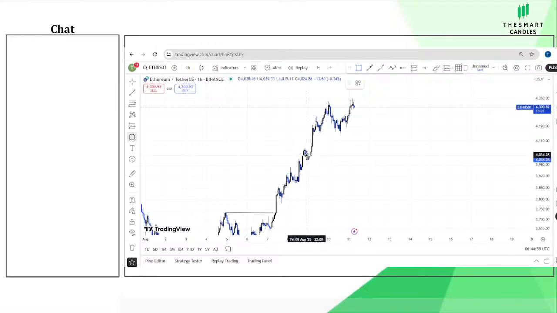I can see a nice order block here. I can see this nice order block on Ethereum at this point. Let me see if all my confluences are in place to actually validate this trade. We have this breaker structure at this point.